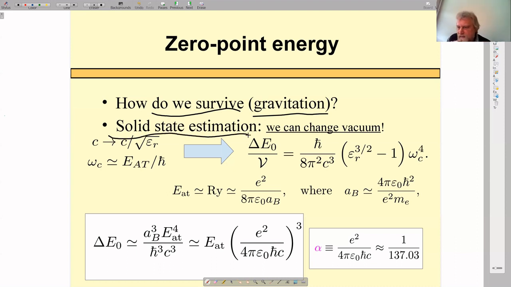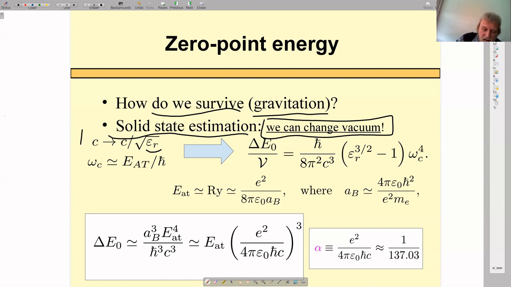The message is a true message. We can change the vacuum at this energy scale. How? Well, the simplest way: instead of vacuum, we put some crystal with the dielectric constant epsilon r.